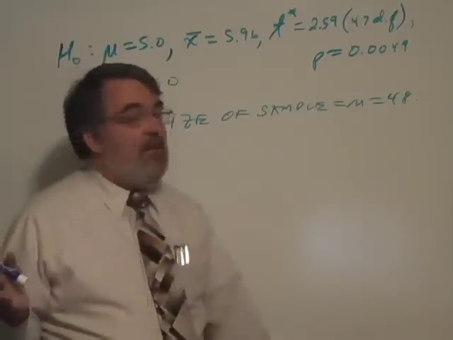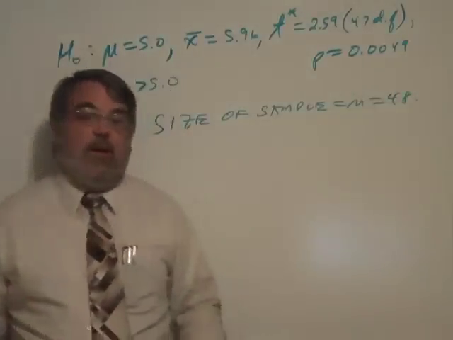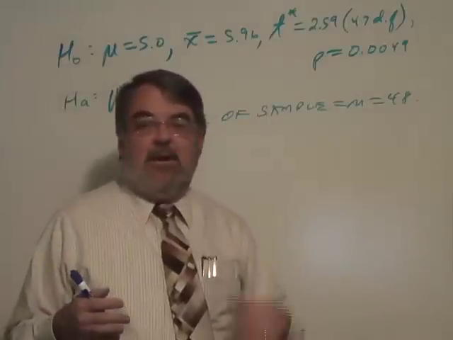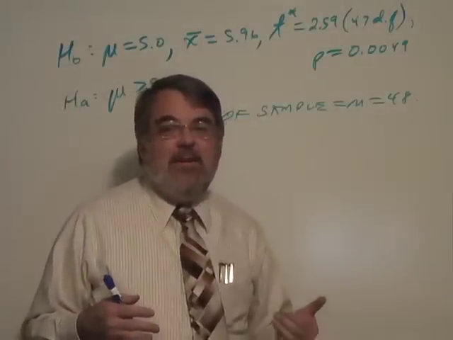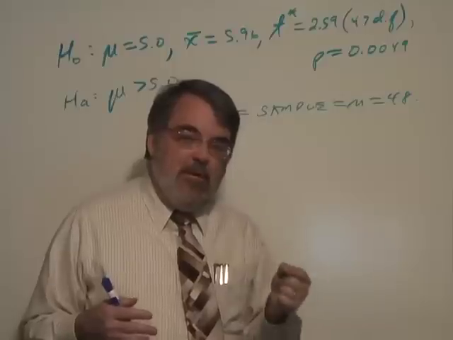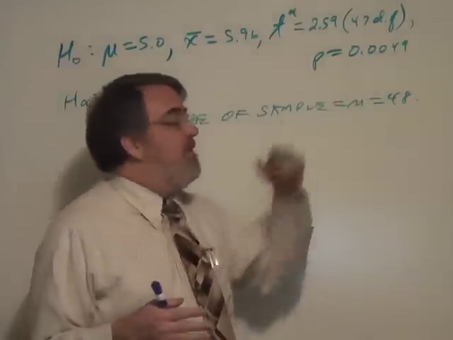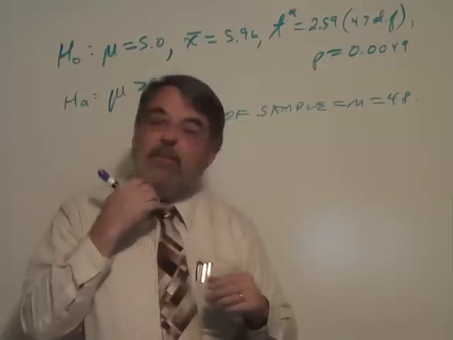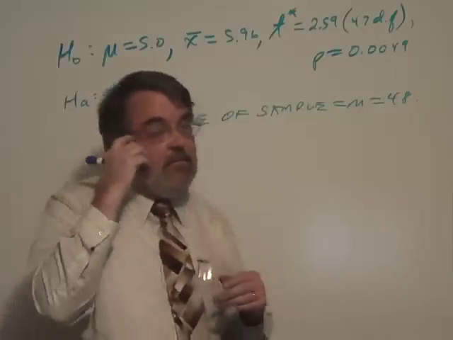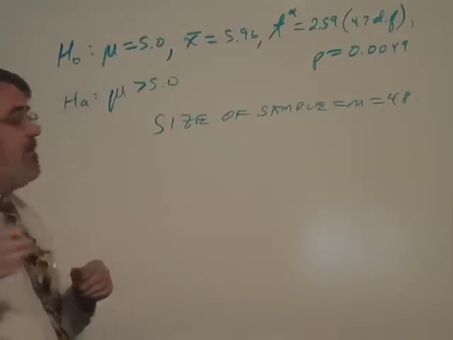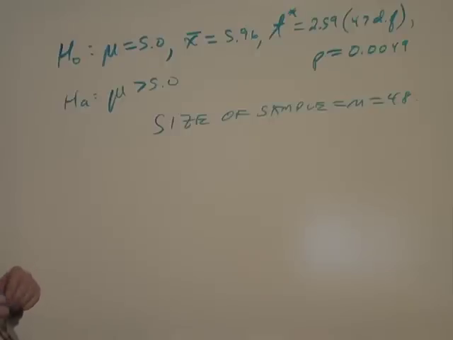All right, finally, there's a p-value, 0.0049. Again, a very small p-value means that the probability of being wrong in rejecting the null hypothesis is very small. In this case, 0.0049 is less than 0.5%.